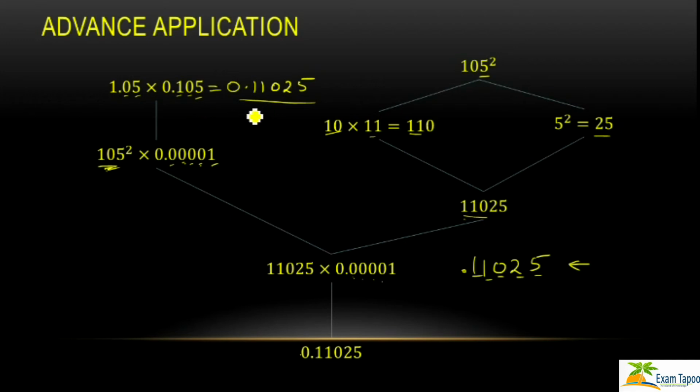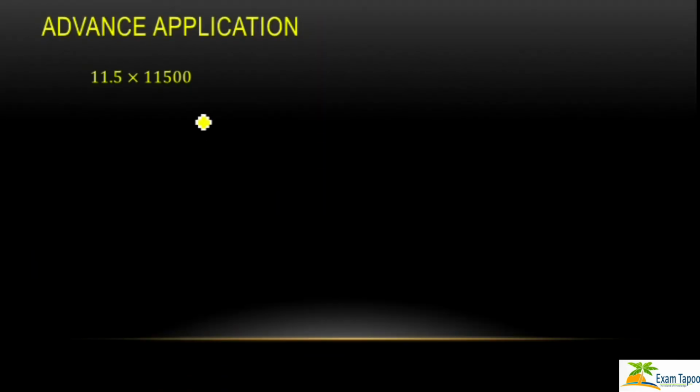Okay. Similarly, let's see one more example, one more 3-digit number. For example, I have 11.5 times 11,500. So 11.5 here I have, and here I have 11,500. I want to multiply these two numbers. So one method is I can apply the traditional method, the normal multiplication that we have learned in our school days. But to increase our speed, we have to go for some special methods, and the special method is the one which we have learned in the previous lesson.